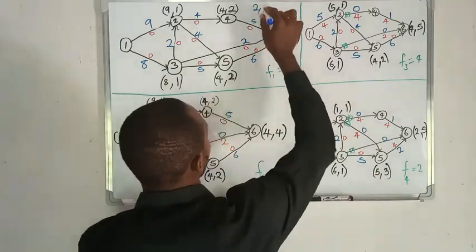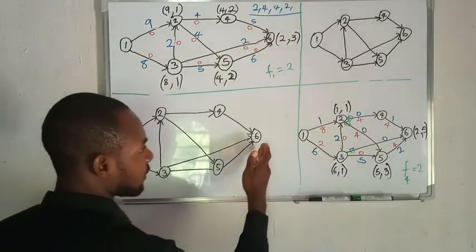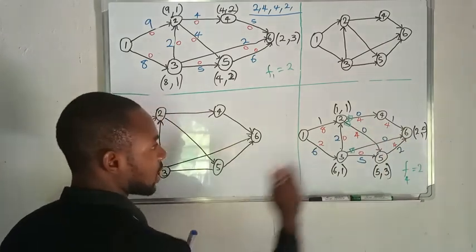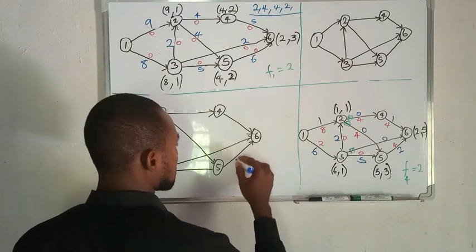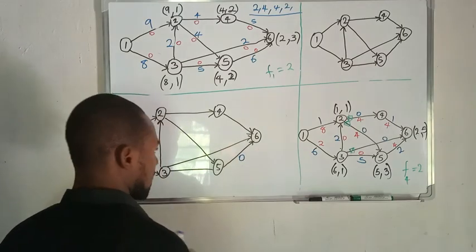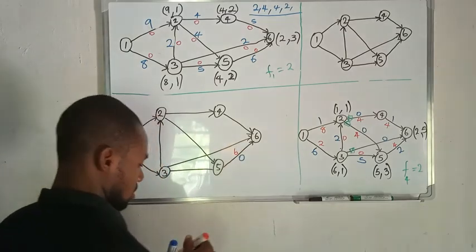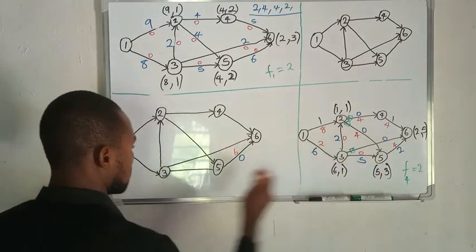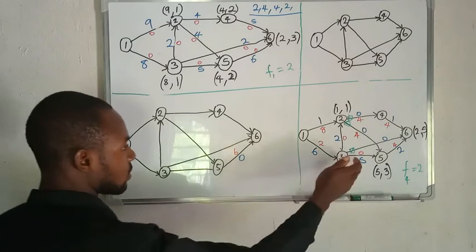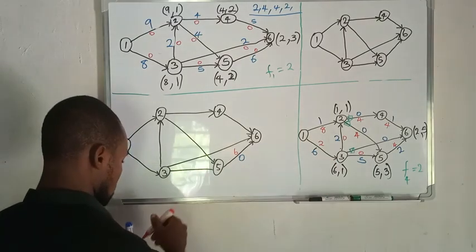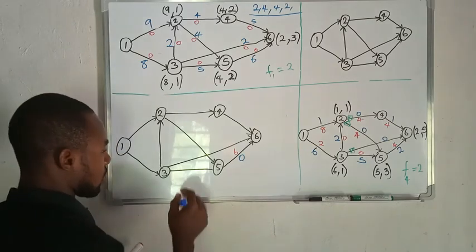So right here we have 6 getting it from 5, so we subtract 2 from there. Subtracting 2 we have 0, and if we add it to the excess capacity we have 6. And then 5 gotten from 3, so we subtract 2 from the excess capacity there, and so we have 3.